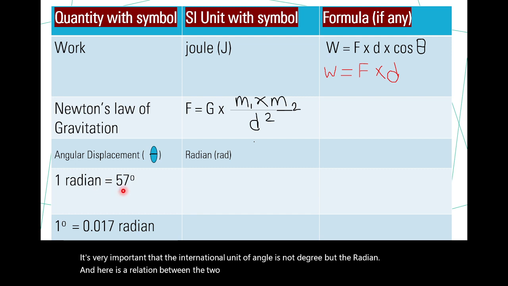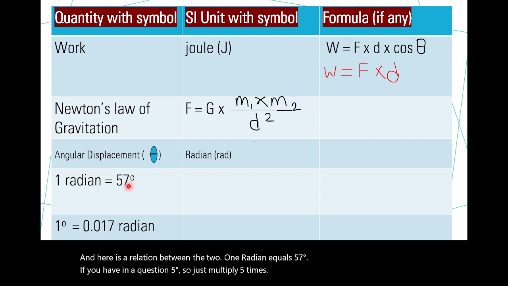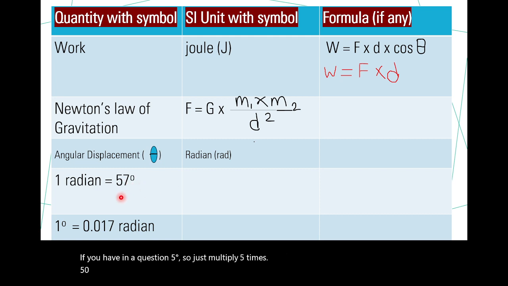1 radian equals 57 degrees. If you have 5 radians in a question, just multiply 5 times 57 degrees. If the question asks you to find the angle in degrees, then you need to multiply the radians times 57 degrees. In some questions you need to work in the international unit.